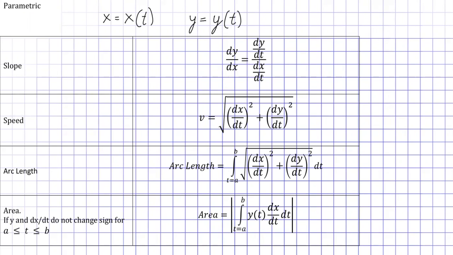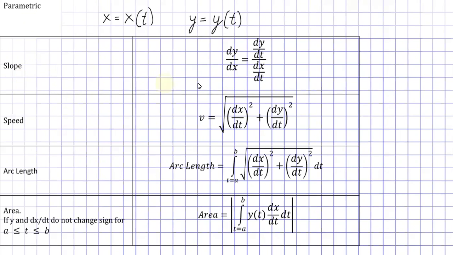It's not given as a function of x. Both of the coordinates x and y are given as functions of t, independent parameter or variable. And we're supposed to prove all these formulas we need in this course, being in parametric circumstances, settings.